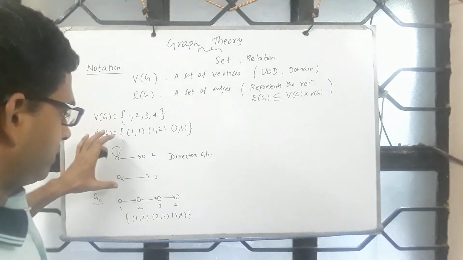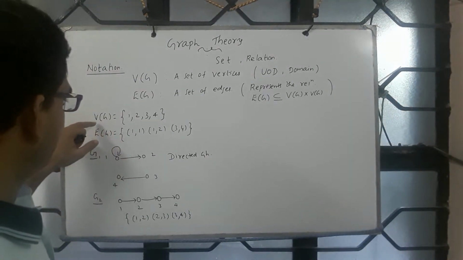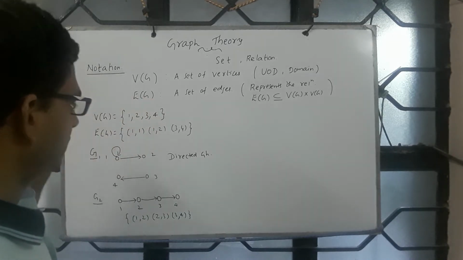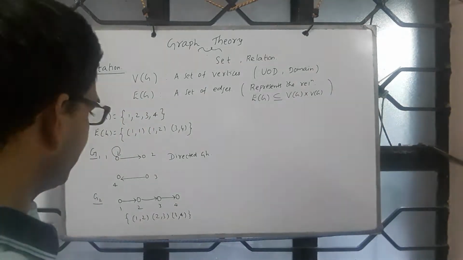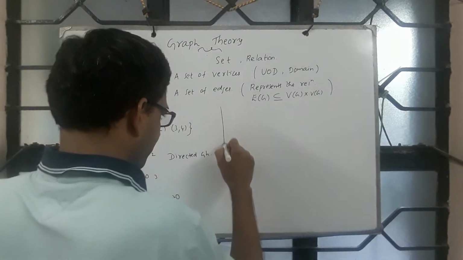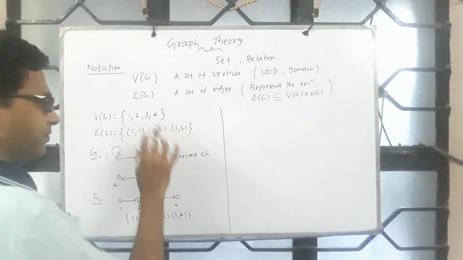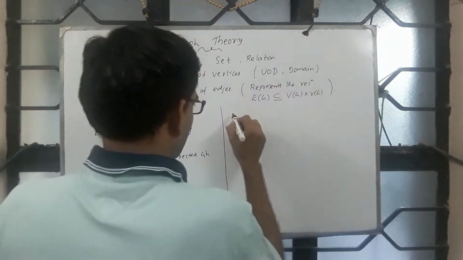So it's precisely a graphical representation of a relation defined on this domain or the underlying set. Now let's define some more definitions in the context of graphs.